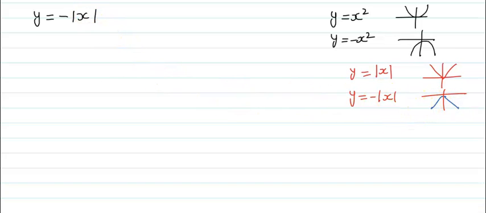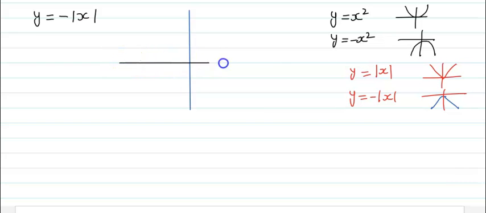So here, how we are going to sketch it, let's sketch it neatly. This is the x-axis and this is the y-axis. So y equal to minus modulus x will pass through 0, 0, so this will be like this.